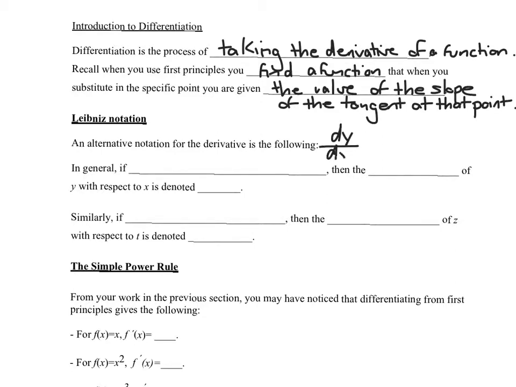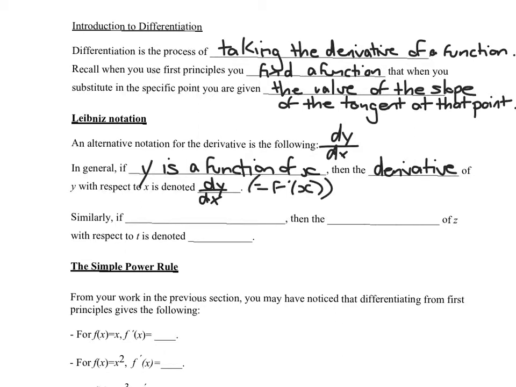And what that means is, in general, if y is a function of x, so that's what f of x means, a function of x, then the derivative of y with respect to x is denoted as dy on dx. Now that is the same, which is equal to f dash of x. So we call that Leibniz notation. So if you get questions where you're asked to find dy on dx, remember that's actually the same as f dash of x.